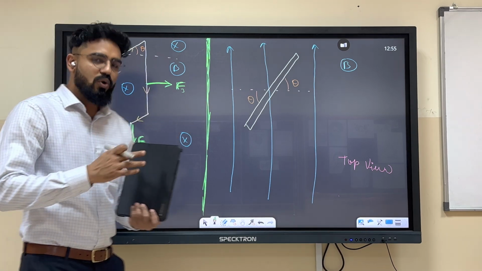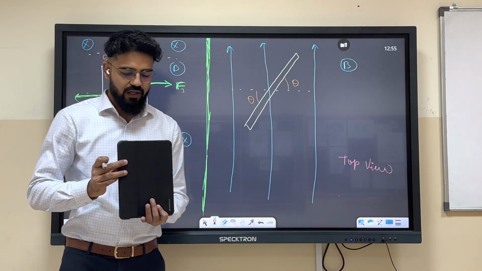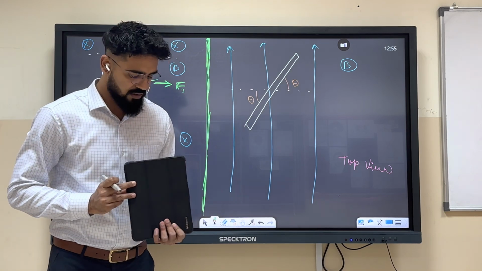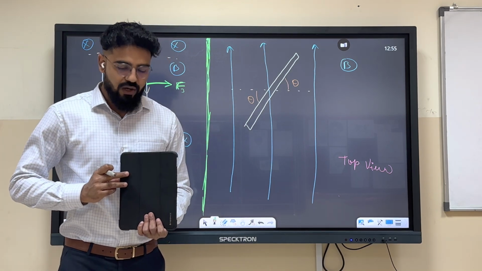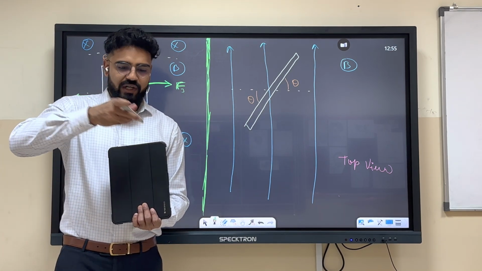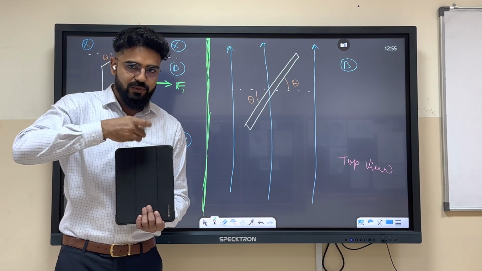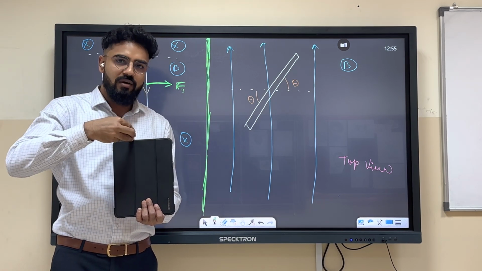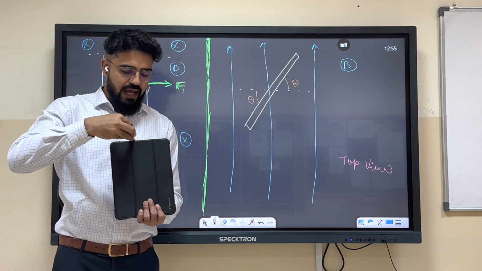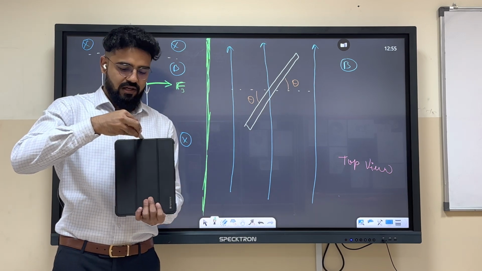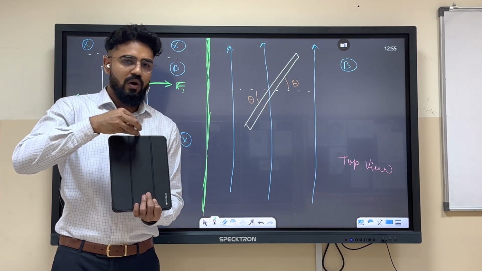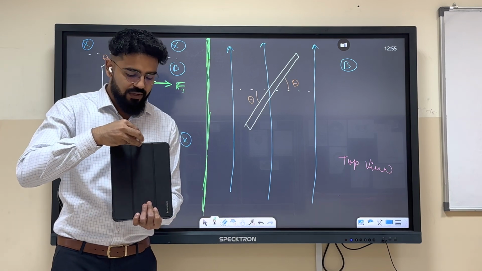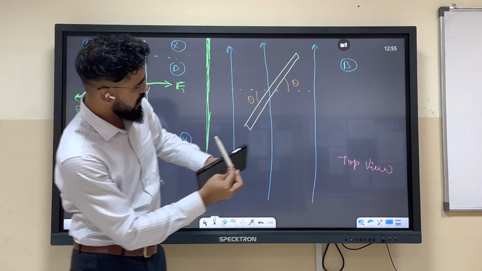Now we are looking at this whole thing like this. Think, we are looking because the magnetic field is towards me, okay, and I am rotating it like this. So if I am looking from above, it will look like this.